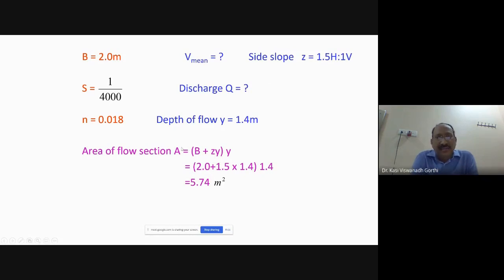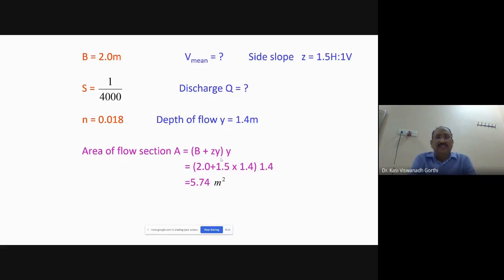So calculate the wetted area. Area of the flow section, capital A, is also called wetted area. Since it is a trapezoidal channel section, it is the central rectangular portion plus the two side triangular portions. Central rectangular portion is bed width B multiplied by the depth of flow Y, plus two triangular portions, half of base into height, added two times because it is on both sides.